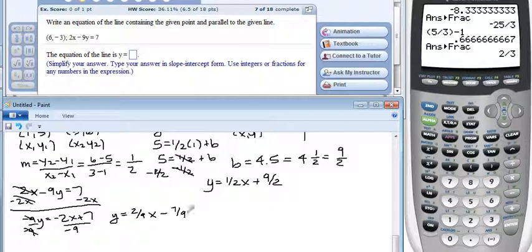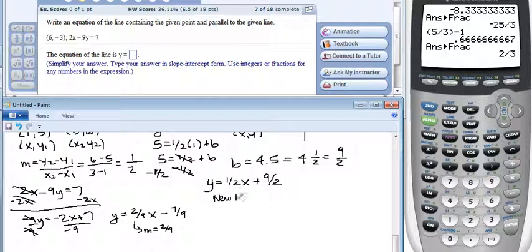I don't really care what this is, but I'm going to put it in anyway. What can I deduce from that? Well, I can see my slope is 2/9 on my old line. If these are parallel, my new line will also have a slope of 2/9. Okay, so that's my old stuff.